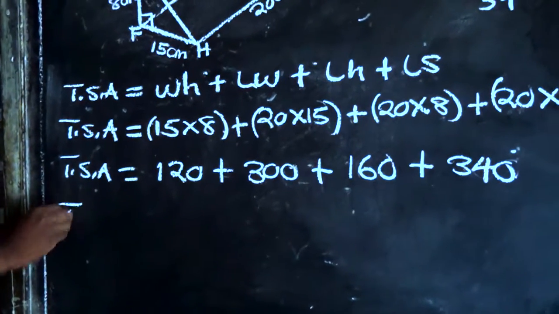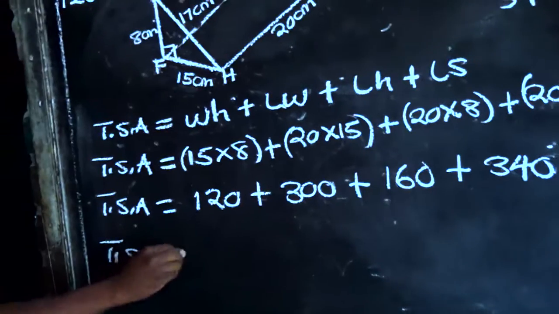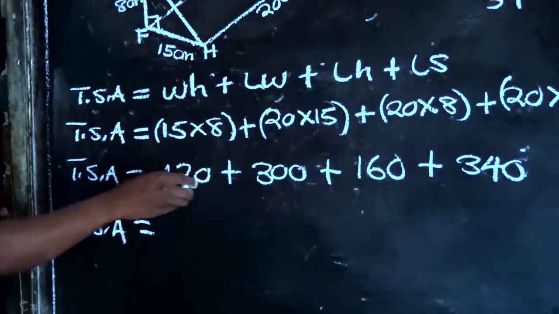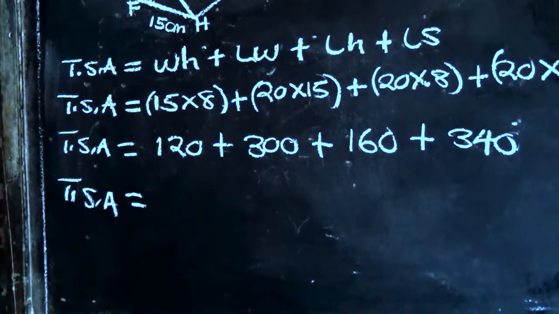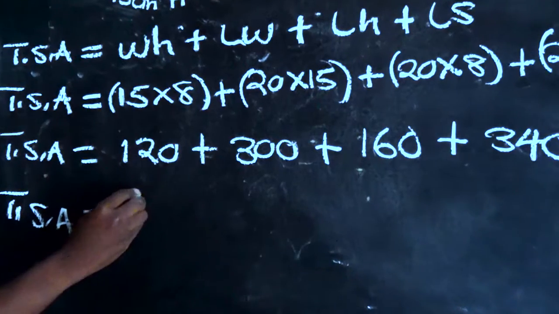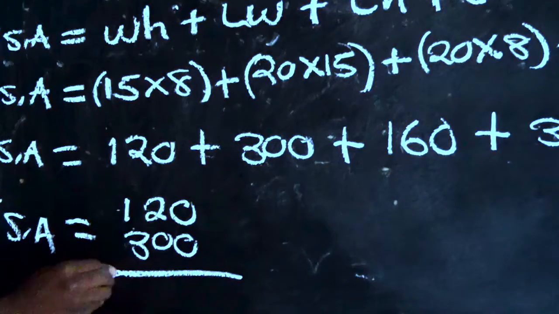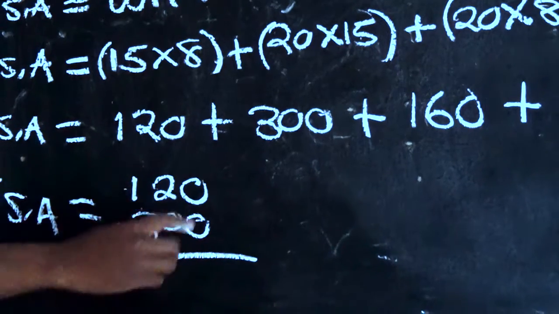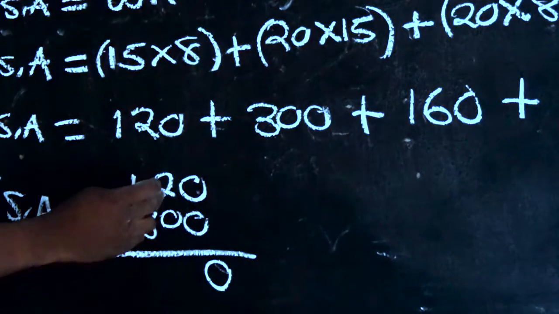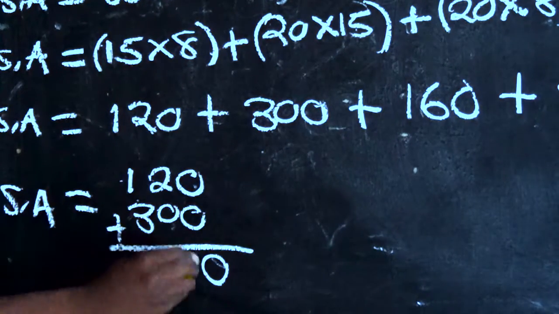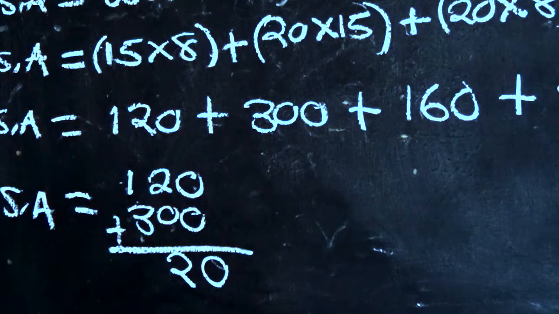Then you can now say total surface area is equal to, you add this plus this. Are we together? So where am I going to add from? Let me add 120 plus 300 first. We add this. 0 plus 0, 0. 2 plus 0, 2. 1 plus 3, 4.